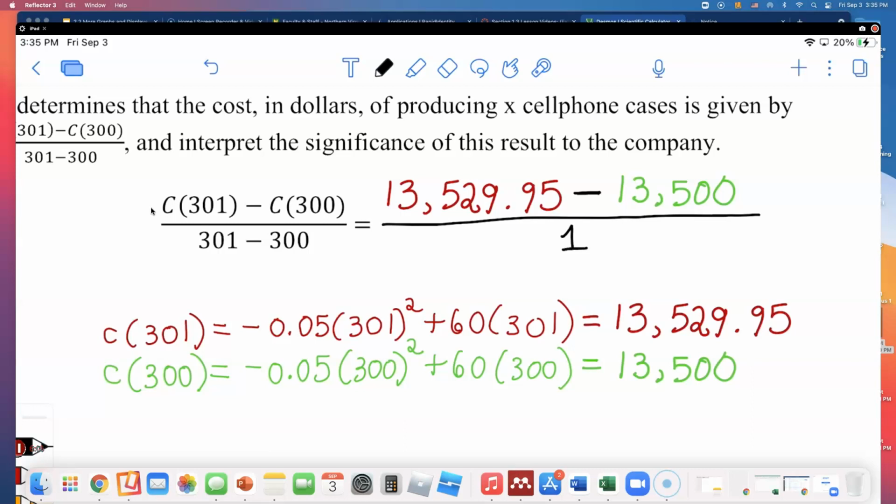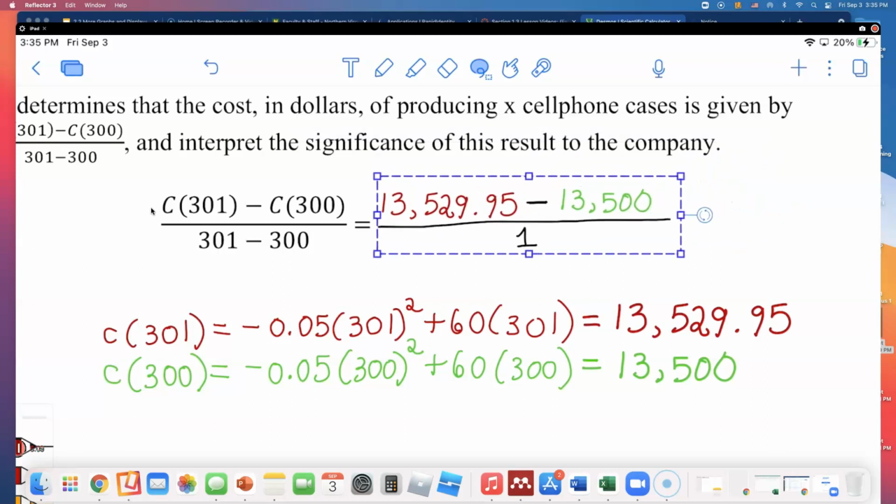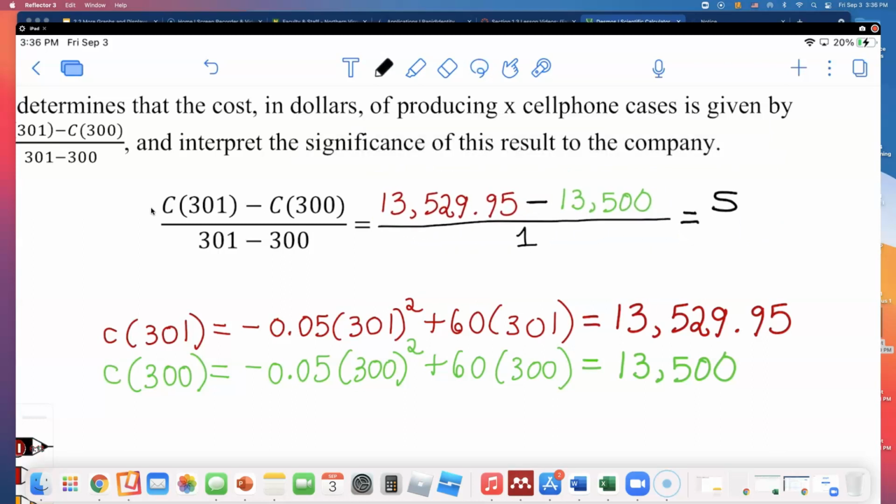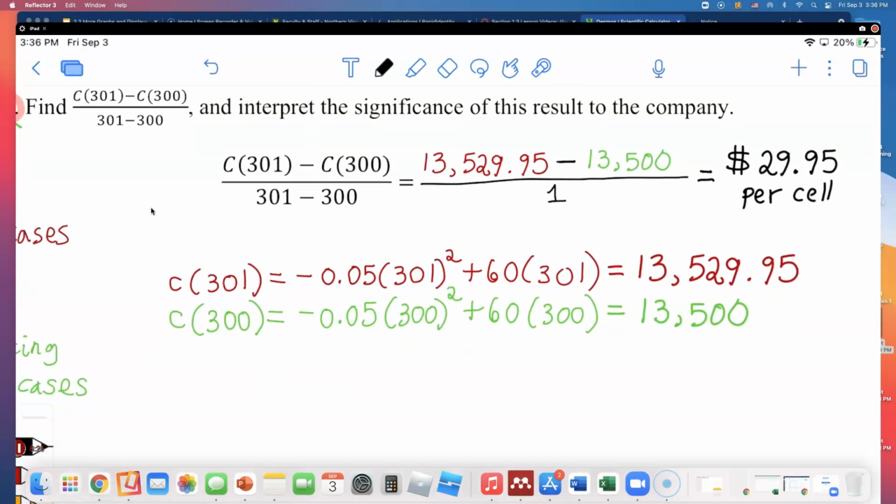So if I subtract both of these, the whole thing turns into $29.95 per cell phone case. I should be careful. It's not about cell phones, it's about cell phone cases.